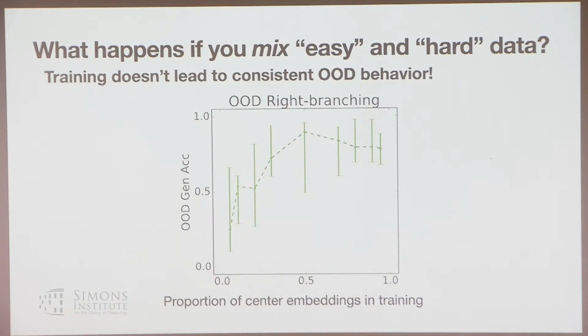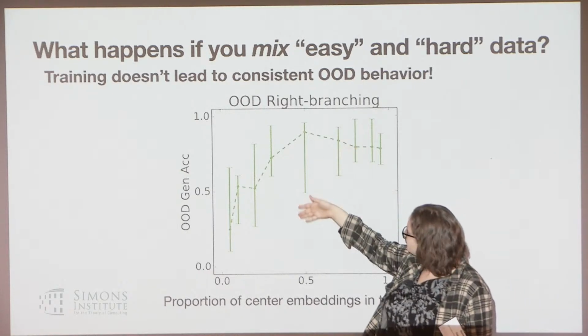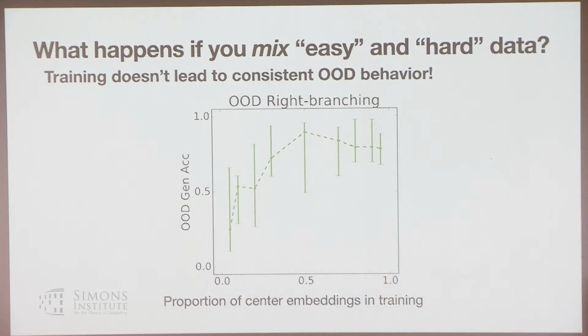Does the center embedding allow you to generalize hierarchically on those examples? So the more center embeddings you have in training, generally the better the performance of the model is going to be. But there's a lot of variation that you can see over here, right?